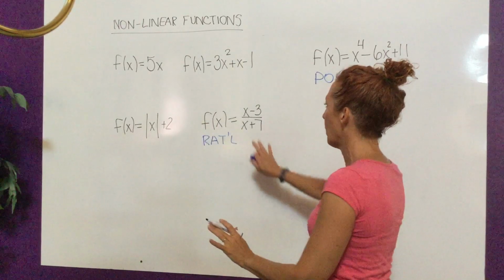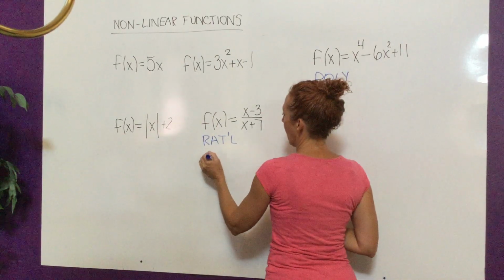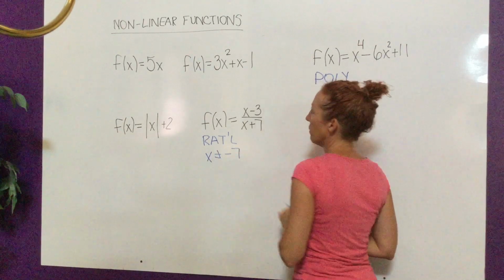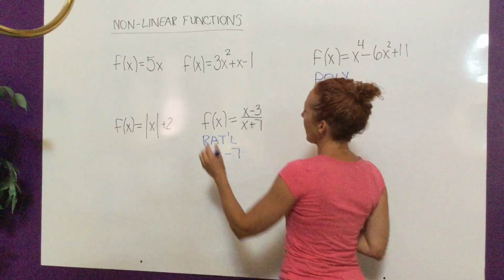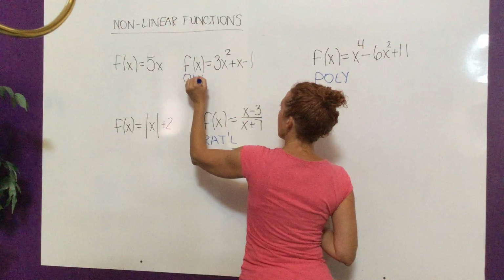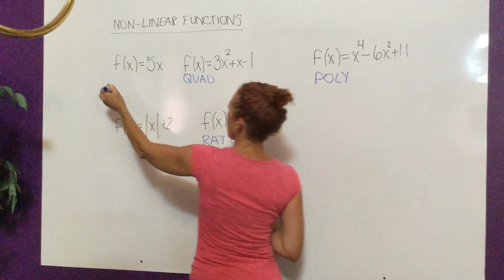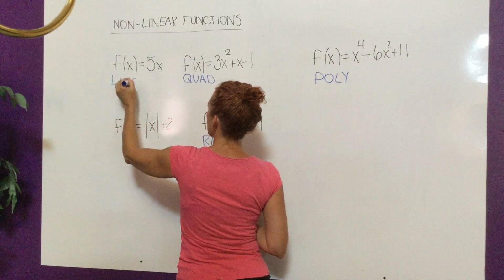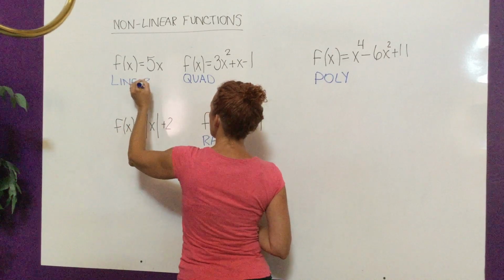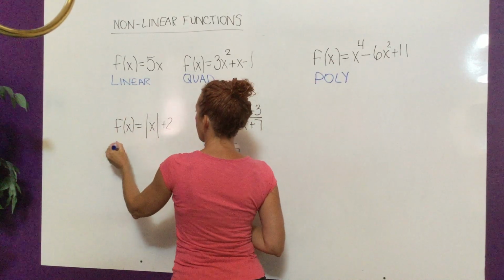All of these are all real, except for this one, x cannot be -7. Here's your quadratic. This one is actually the linear. And here's your absolute value.